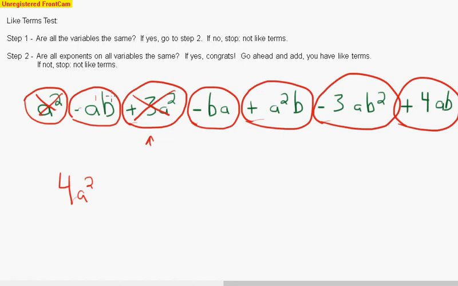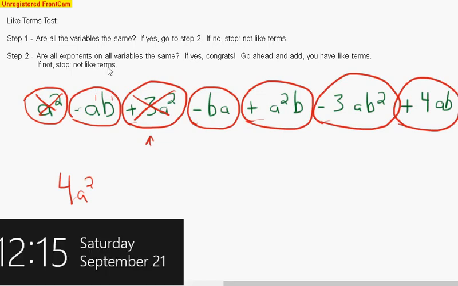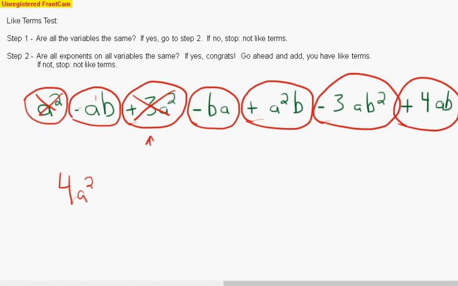We don't write that, but that's what it means. So they really have an exponent of 1. So here's an a to the first, b to the first. Again, it doesn't matter if we changed it to ba. So this one is a like term. All exponents are the same on all of the variables.